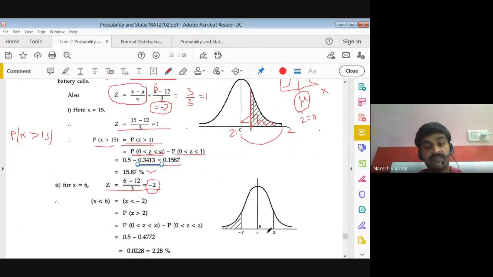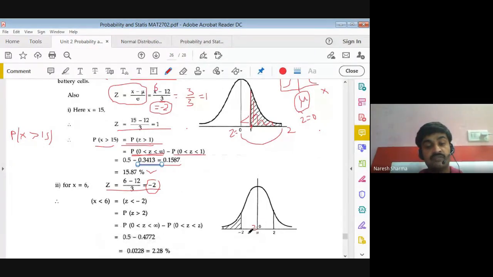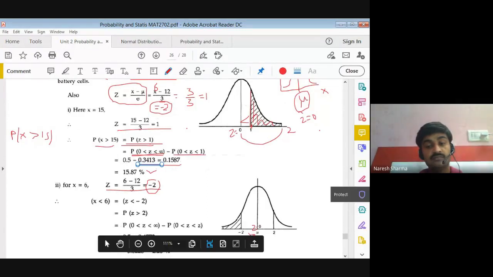You know that minus 2 lies on the negative side of the table, where z is 0 and x is mu. So z of minus 2 is on the left side of this central line. Less than minus 2 means the region to the left of minus 2.